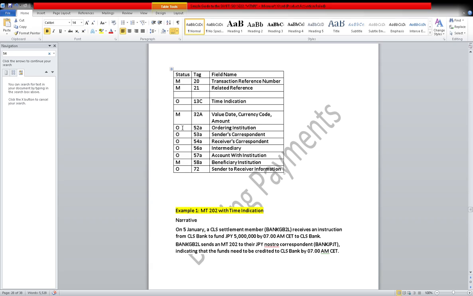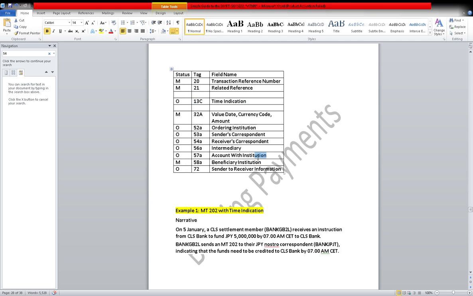For example, bank A's correspondent is bank B, and bank D's correspondent is bank C. So like that they settle their payment in the same currency. B and C settle the payment in their native currency. That's why the correspondent is here.